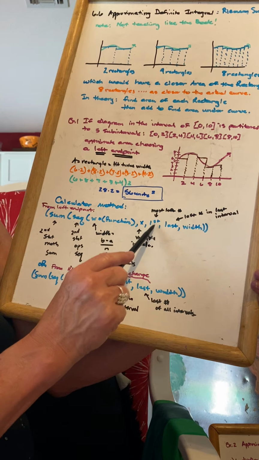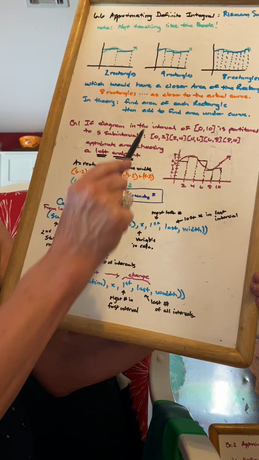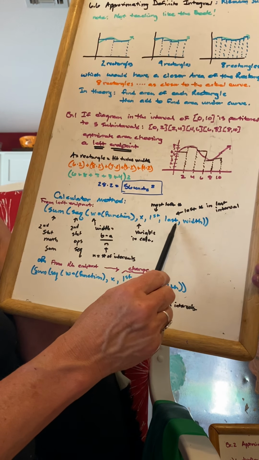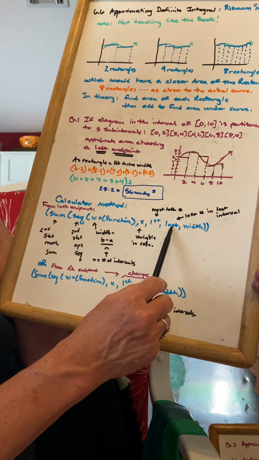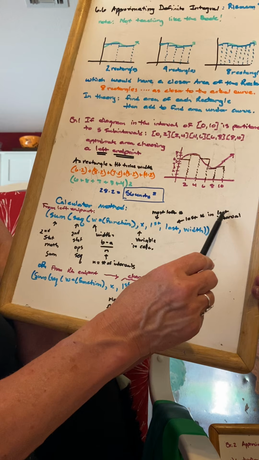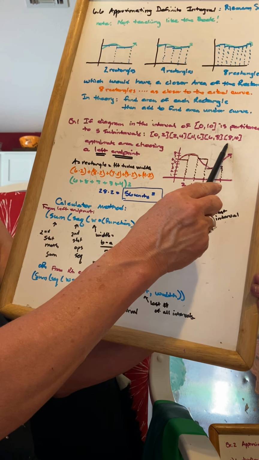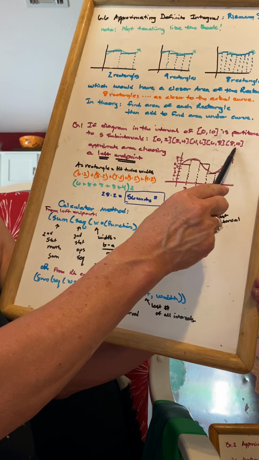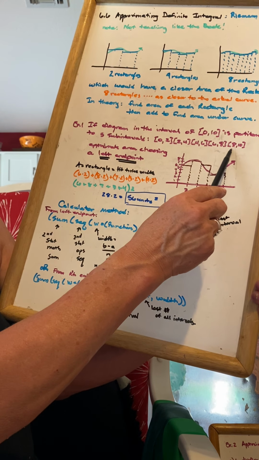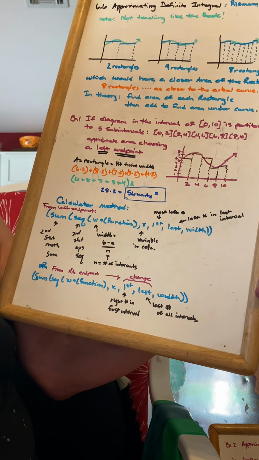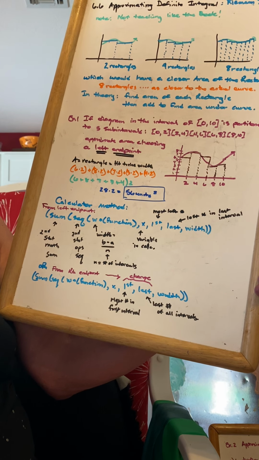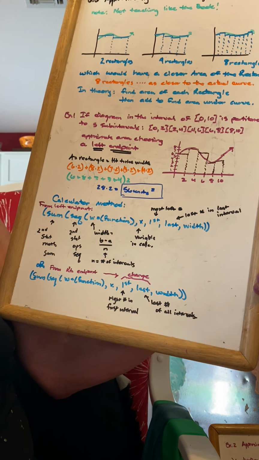The word last, if you're going from the left, is the left number in the last interval, or 8. It is not the last interval. It is the left of the last interval, or 8. I'll be showing you examples on the other page. Just get your definitions written down now.